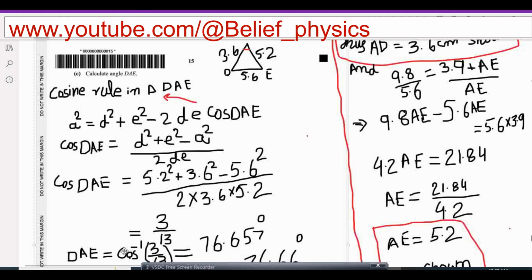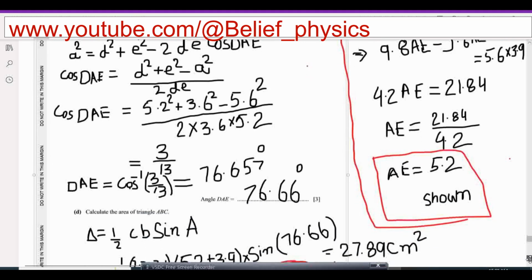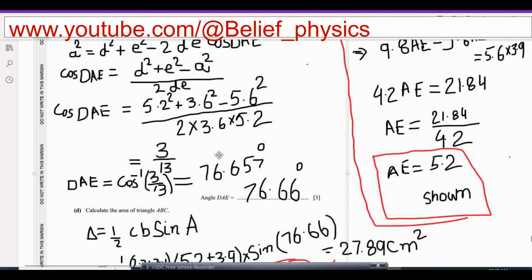So DAE is cos inverse of 3 over 13, which comes out to be 76.57 degrees. You can round this off to write DAE as 76.6 degrees.